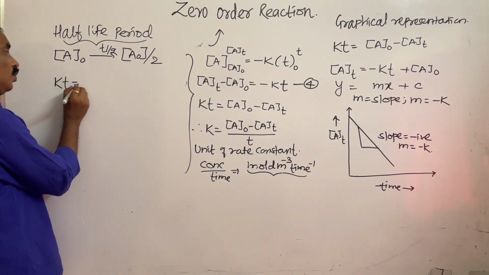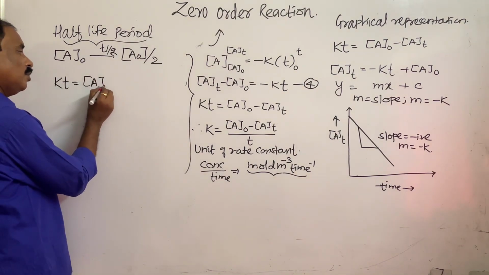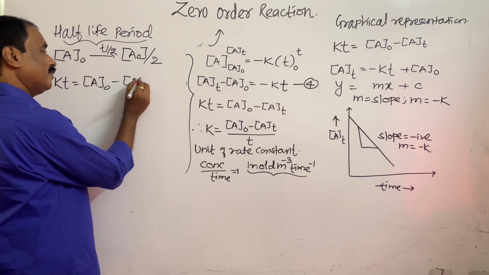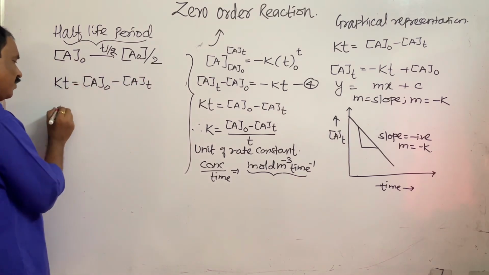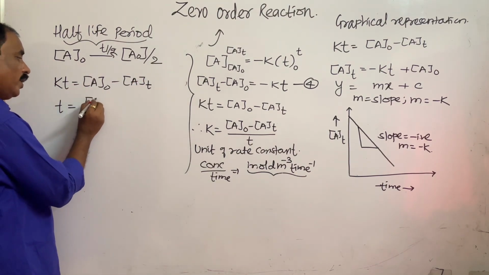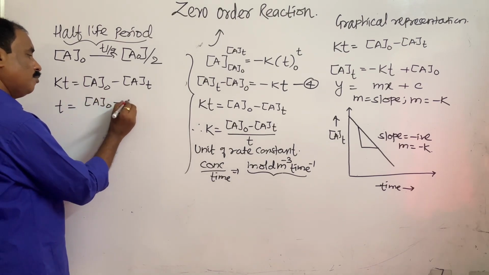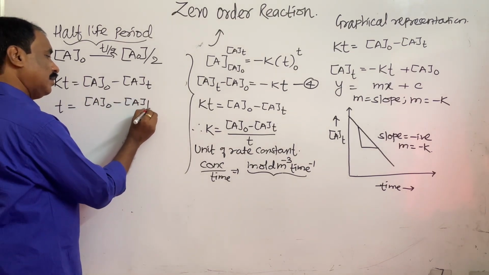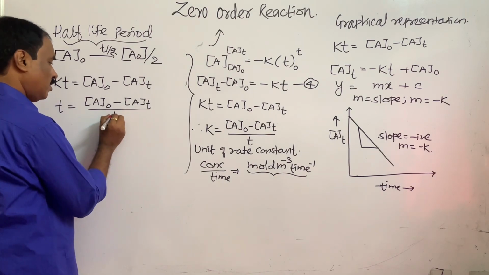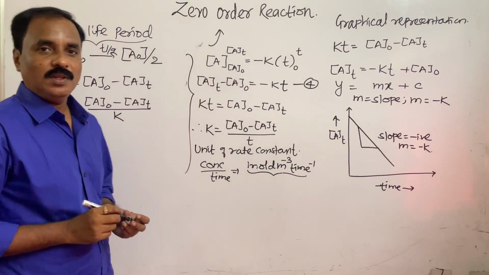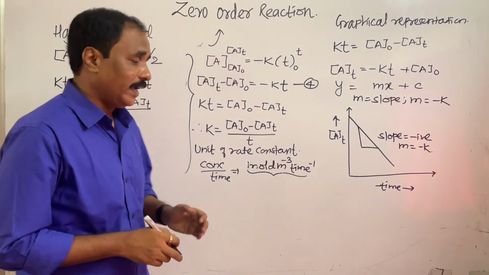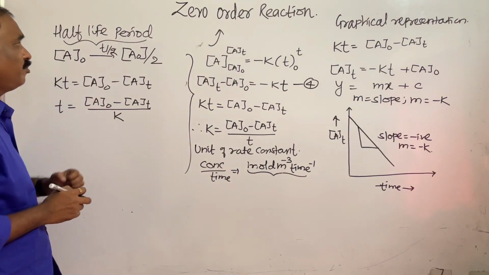For this I will take kt is equal to A0 minus At. The same equation you can write as t is equal to A0 minus At divided by k. A0 is the initial concentration, At is the final concentration after time t.